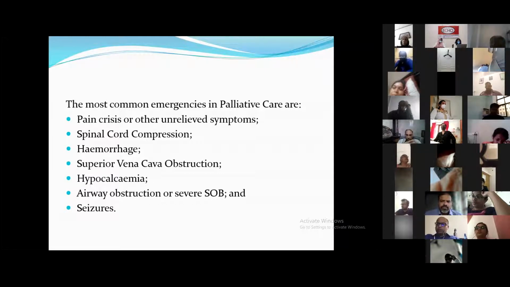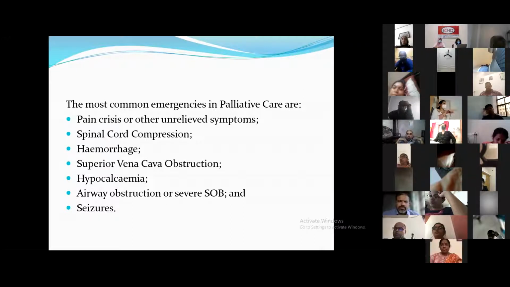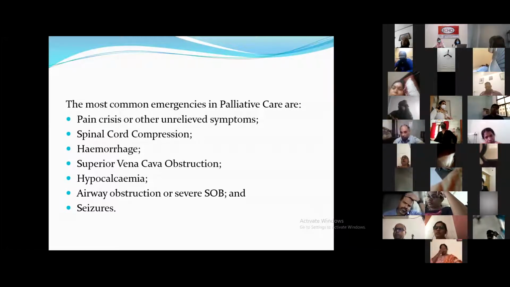Superior vena cava obstruction is also an emergency. Patients present with hoarseness of voice, dyspnea, puffiness of face, dilated veins, congestion of the chest. It is an emergency because you also have to identify the underlying disease, because the treatment might be different for different diseases in superior vena cava obstruction.